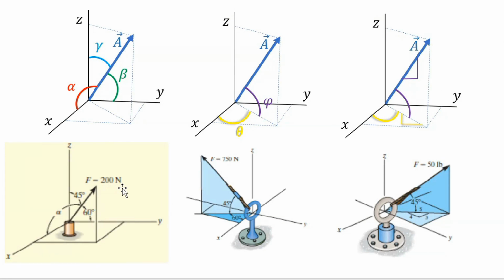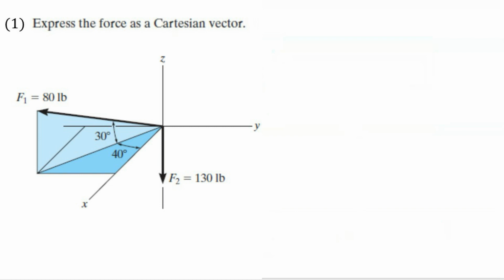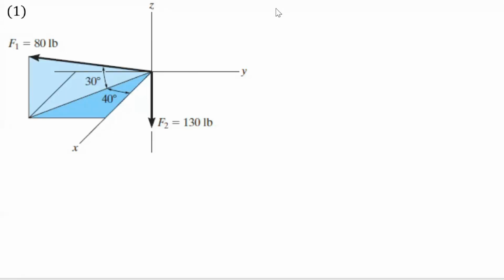Now, let's answer this one. The easiest here will be F2, of course. If a vector is lying on only one axis, we don't even need the simple formula of the Cartesian vector, just the most general form. A vector A has a magnitude of A and its unit vector, and this is also the pattern for general vectors, okay?